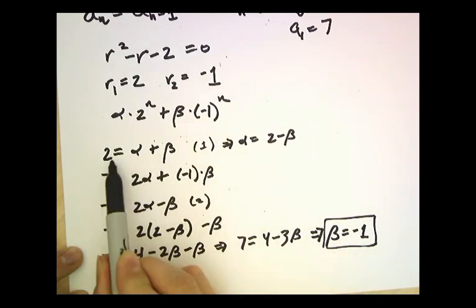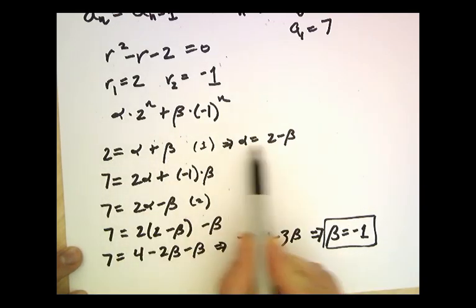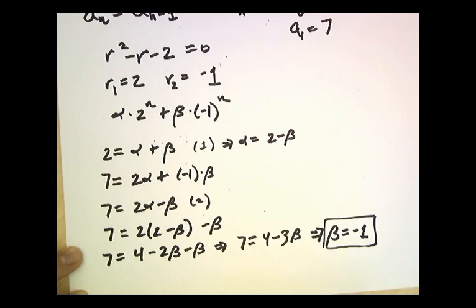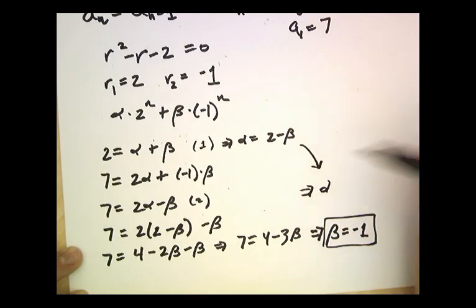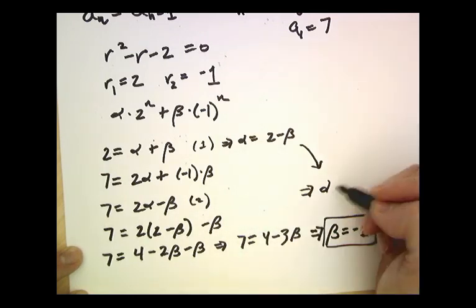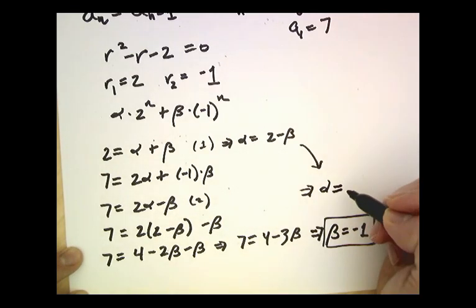And we also know that 2 = alpha + beta, or alpha = 2 - beta. So that implies that alpha = 2 minus (-1), so alpha equals 3, I believe.